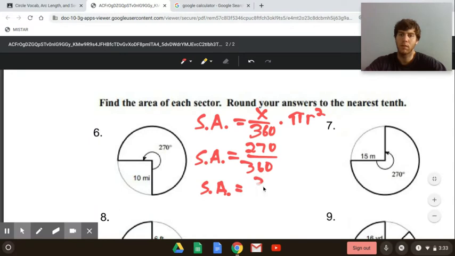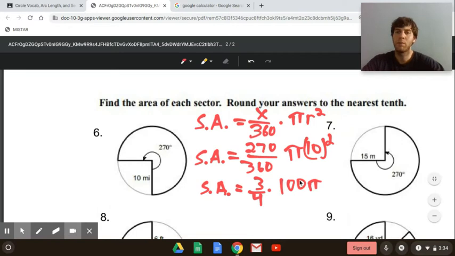We're not looking for the area of the whole thing. We're looking for the area of only 3/4 of it. Then our pi r squared, our radius is 10, so that's 100 pi. The area of the whole thing is 100 pi, but we want the area of 3/4 of it.